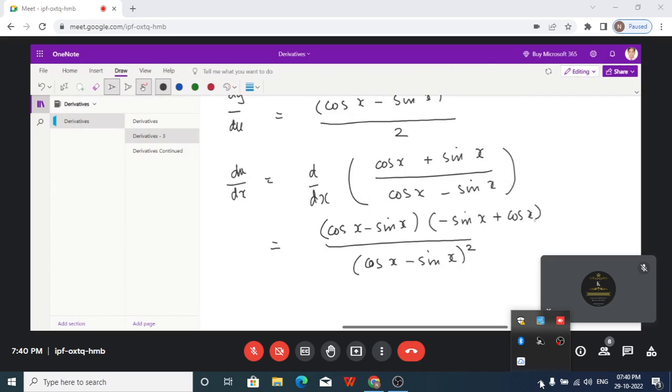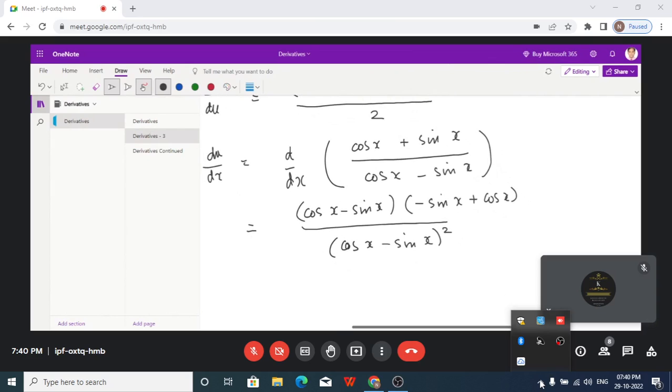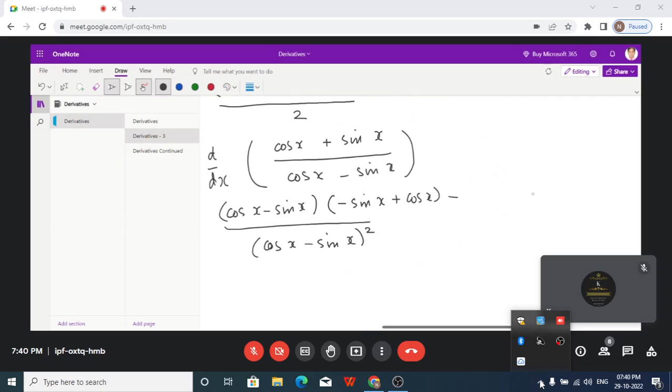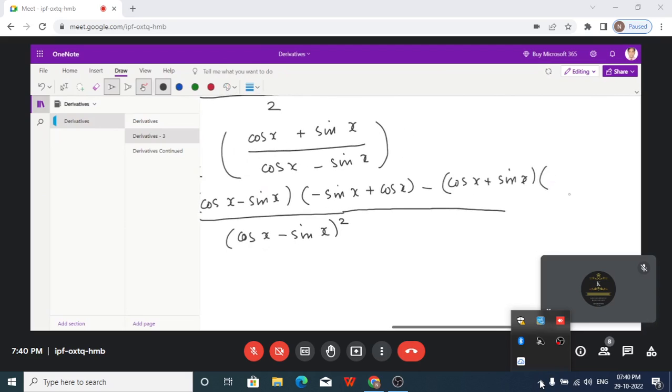Then minus u dv, where dv is minus sin x minus cos x.